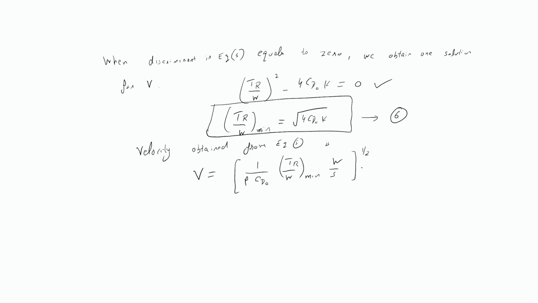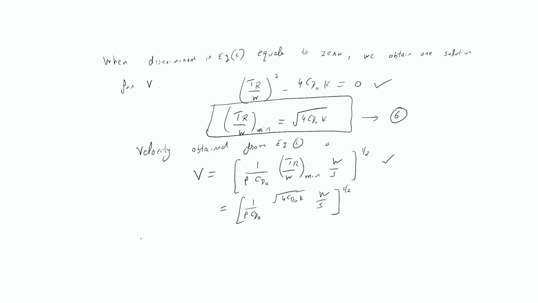If you notice this equation carefully, you can also substitute TR by W minimum as square root of 4 CD naught K. So this equation will become square root of 4 CD naught K, and this is W by S, this is 1 by 2.